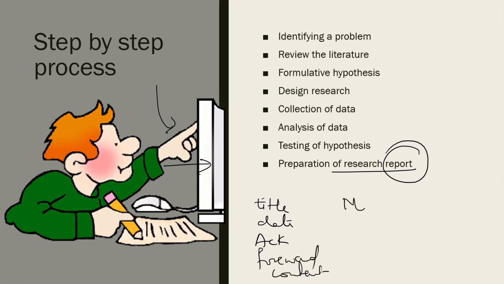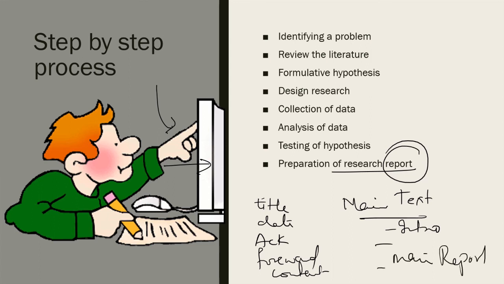So the main text will have the introduction, summary of the findings, main report, and conclusion. All right. So at the end of the report, the researcher will have to list down the appendices, then bibliography. All right. So these are the steps in the research process.